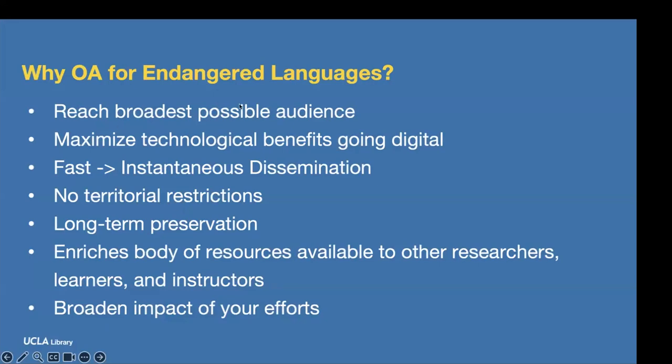We're also going to be maximizing technological benefits of going digital, since the University of California is going to take responsibility for the long-term preservation, as well as guaranteeing access to the materials that are going to be in that repository. Anything that you put into the repository has fast and instantaneous dissemination. So we're going from something very fast to something immediate.